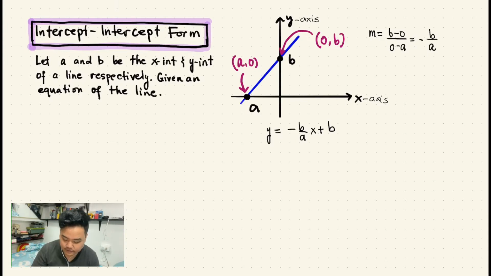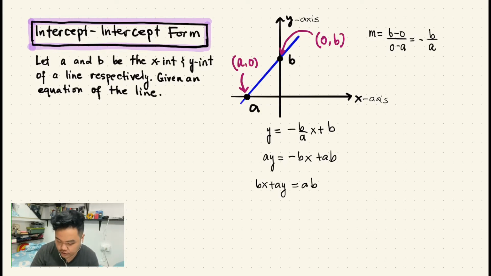Alisin natin yung fraction, multiply both sides by a. We get ay equal to negative bx plus ab. Tapos, lipat natin to sa left. Magkakaroon tayo ng bx plus ay equal to ab.